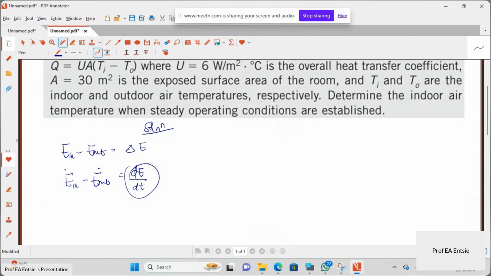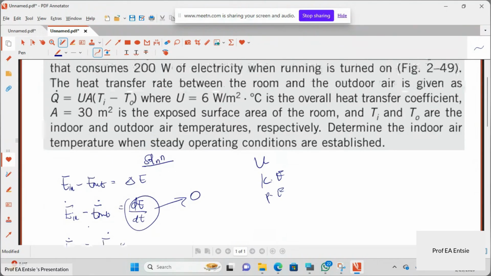Nothing is happening to it. We take it as nothing is happening to it. So it means this dE/dt will be zero. There will be no change in the total energy composition of the system, which is internal, kinetic, potential. So if that is the case, it means my E input rate will be equal to E output rate. As simple as that.